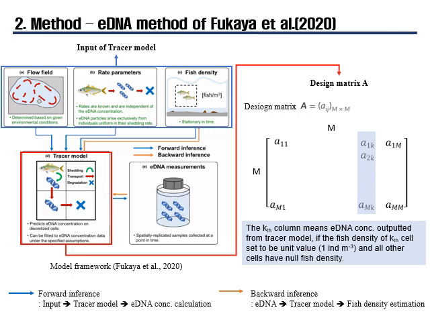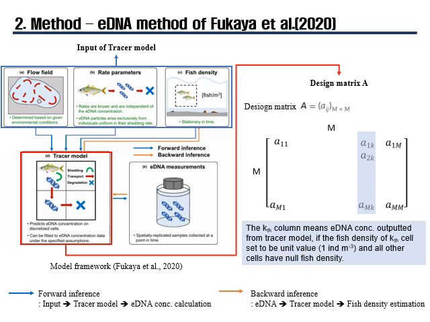In the tracer model, we can calculate the matrix A, the design matrix, and we can calculate the eDNA concentration using this matrix A. The matrix A has n by m size.